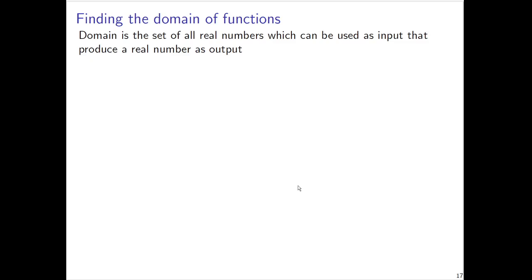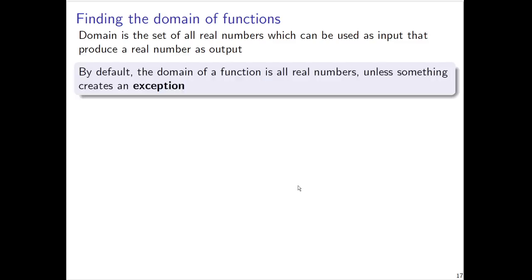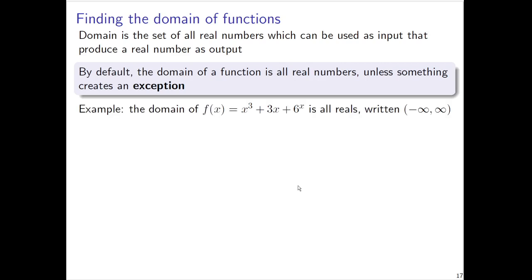So how do we find the domain of functions? Keeping in mind that the domain is the set of all real numbers which can be used as input so that we get a real number as output. By default, the domain of a function is all real numbers unless something creates an exception. For example, the domain of f of x equals x cubed plus 3x plus 6 to the x is all reals, which is written parenthesis, negative infinity, comma, infinity, parenthesis.